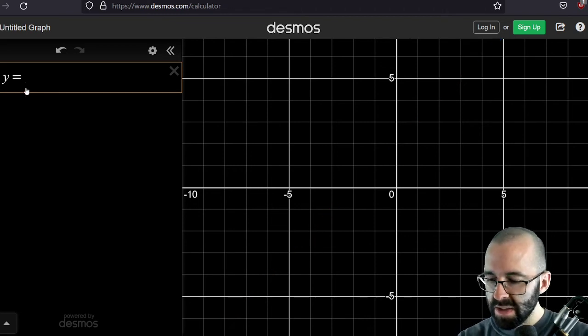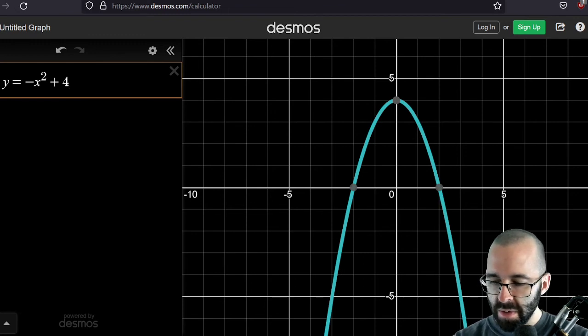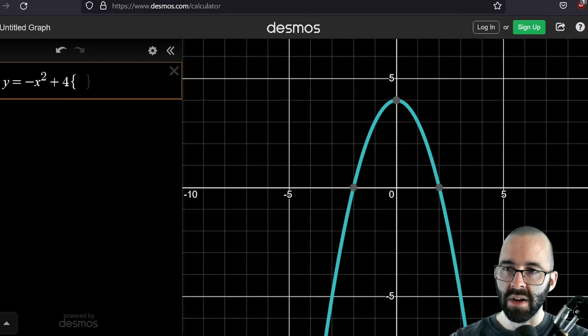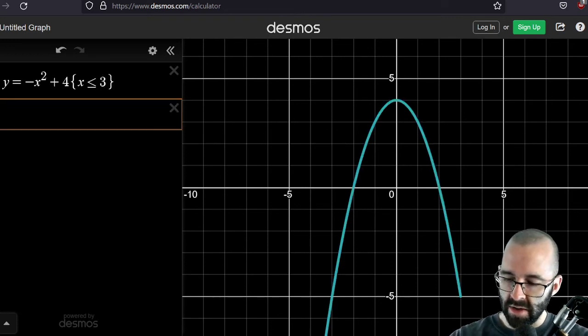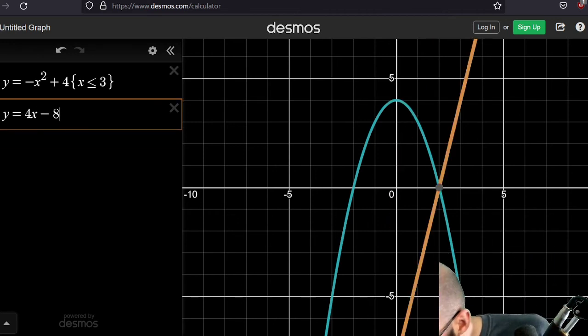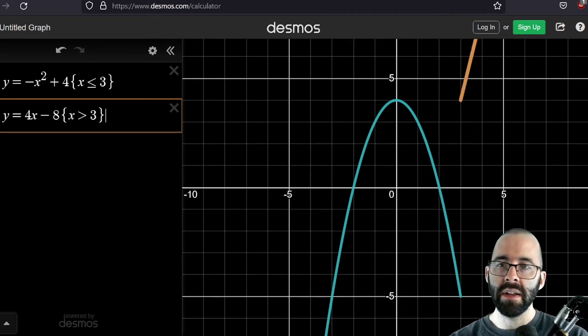Second one was our piecewise function. Remember how to graph piecewise functions on Desmos? You graph one piece, and then you use squiggly brackets, braces is what they're called, to put the domain here. And then do the other piece, 4x minus 8. And again, the domain here, x greater than 3.